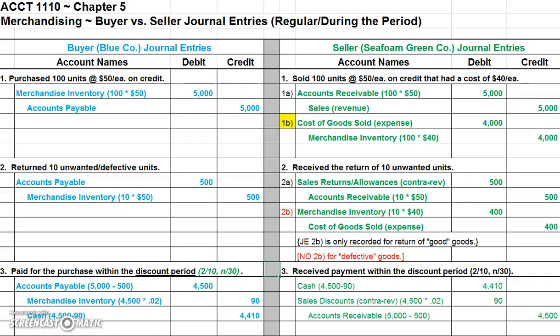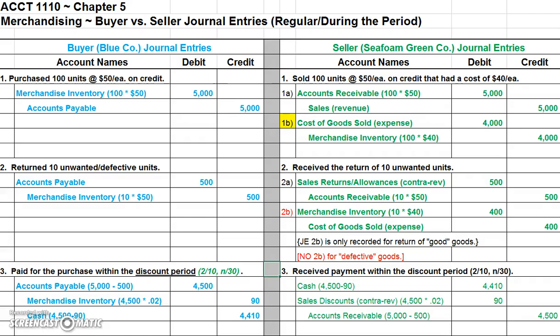A reminder, this means that the seller is offering a 2% discount if the buyer pays within 10 days of the invoice date. That is what the 2/10 refers to. Or if they don't pay within the 10 days, they get no discount and they must pay within 30 days of the invoice date. You must check your dates to see if you are within the discount period.